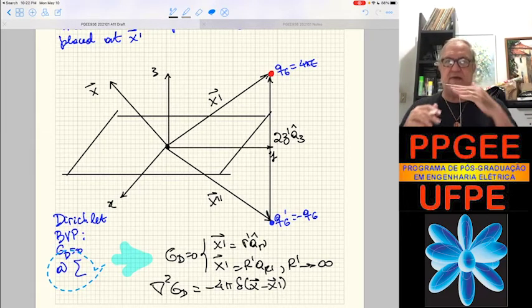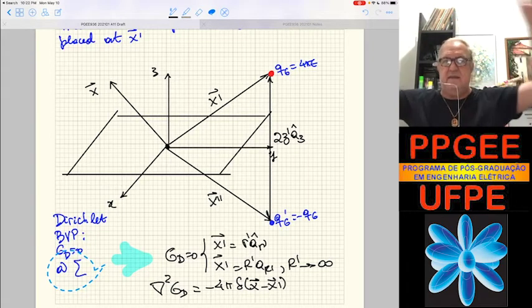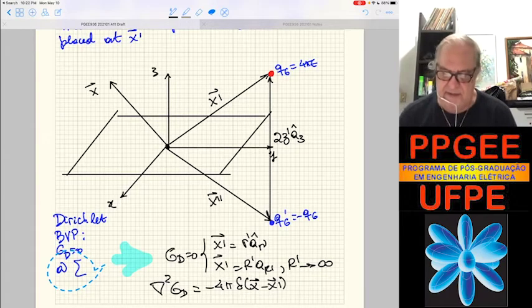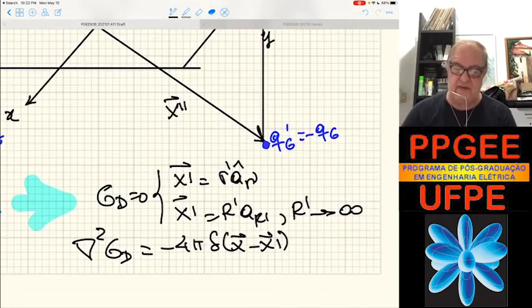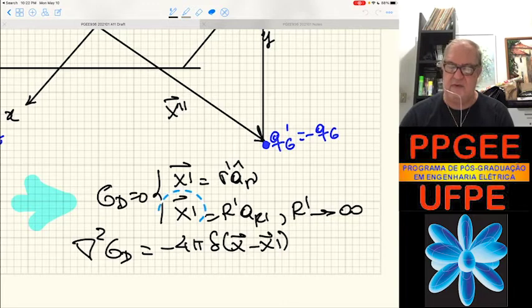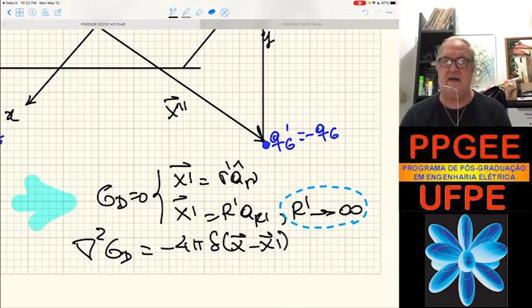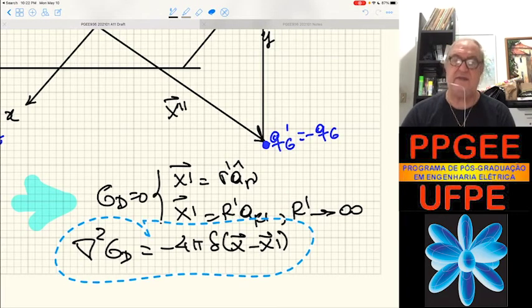There are two surfaces, z equals 0 and an imaginary sphere at r going to infinity. So it is 0 on the z equals 0 plane, in other words for x prime equal to r prime in cylindrical coordinates, and equals 0 at infinity for large r. And the Green's function satisfies this equation.